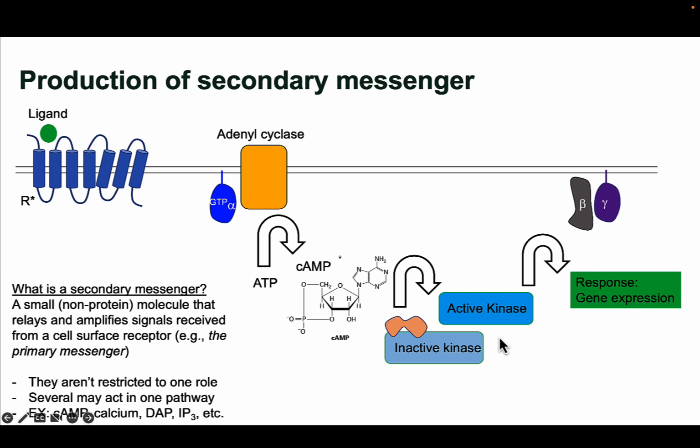A common theme I'll point out is that in signaling pathways, we see a lot of kinase activation. Adding phosphate groups to proteins is a really easy way to turn proteins on and off very quickly. So it's quite common to see kinases in pathways, and we'll take a look really quickly at another pathway that really only uses kinases.